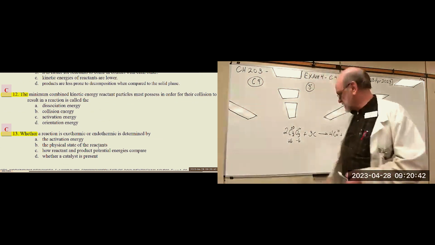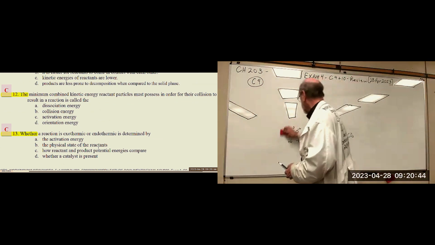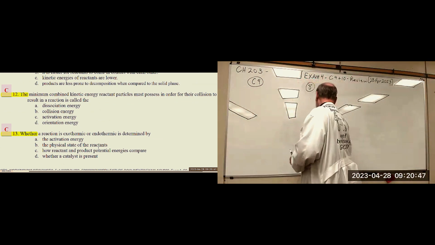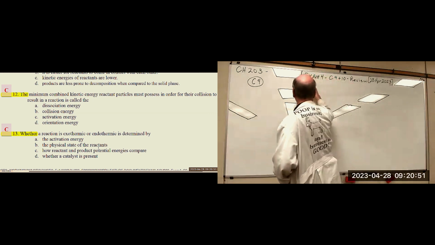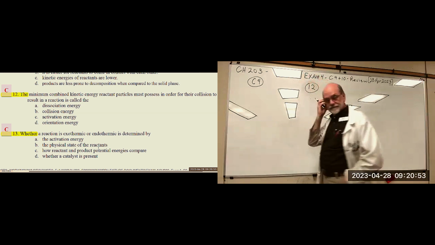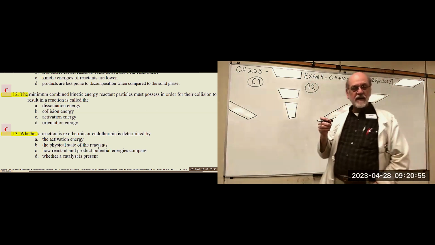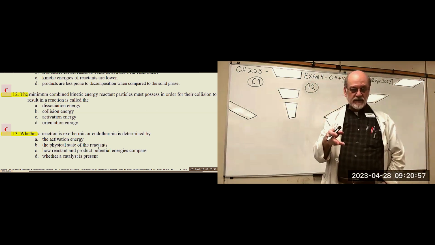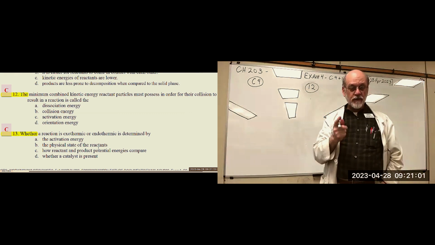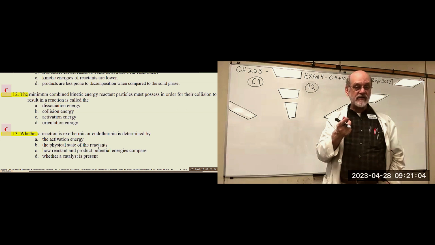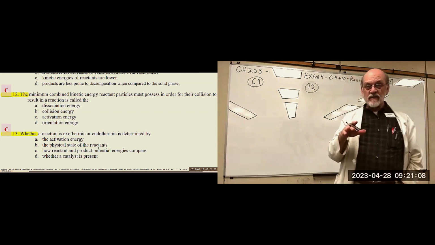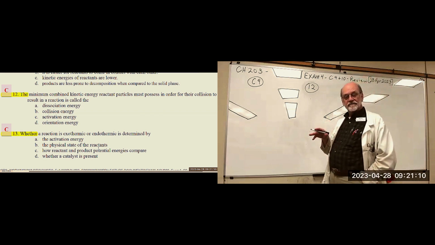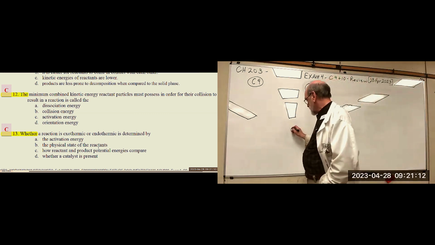Let's see, 12 and 13. The minimum combined kinetic energy reactant particles must possess in order for their collisions to result in a reaction is called what? This is a definition. The minimum amount of energy required. Remember our energy diagram.